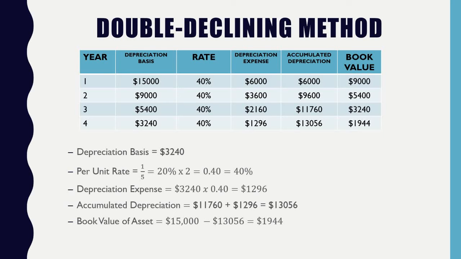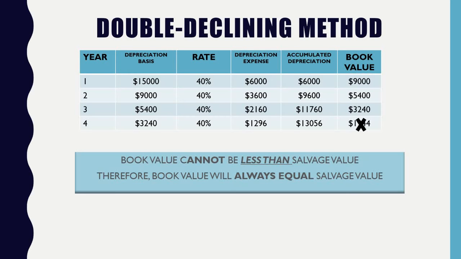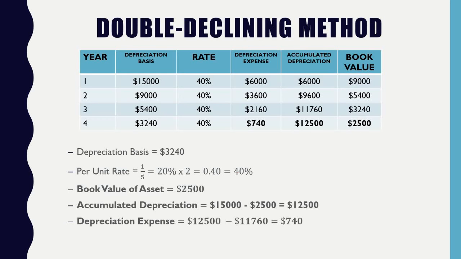Okay? But because our book value right now is currently falling below my salvage value, I need to replace that book value with my salvage value. Okay? So it can't fall below. All right? So now what I'm going to do is replace that 2,500 into that book value.